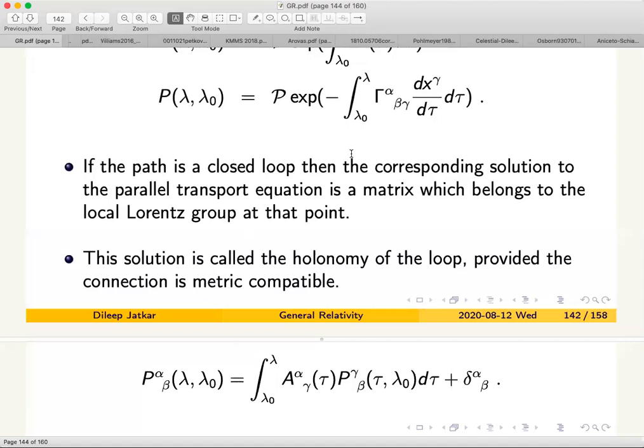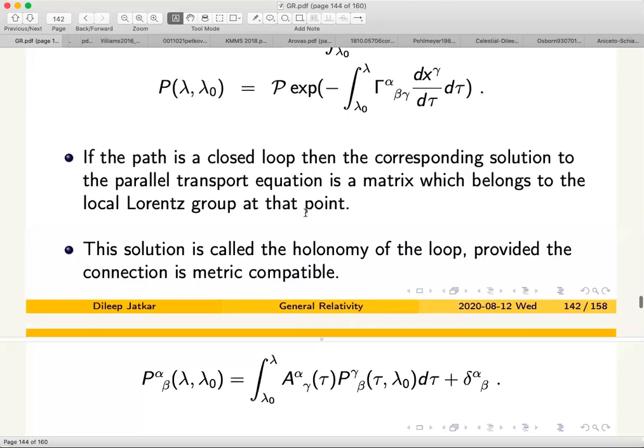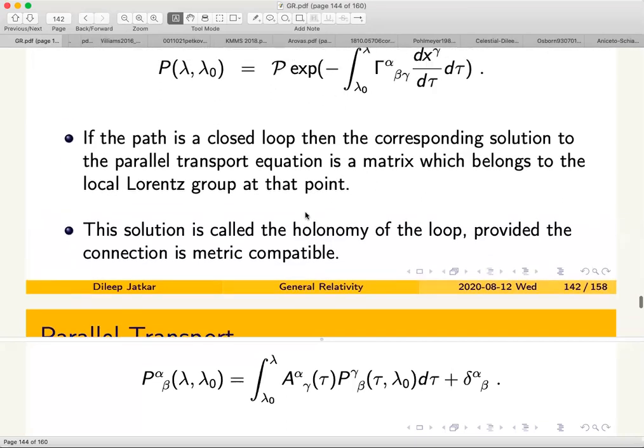So in some sense, the statement about holonomy is quite non-obvious.